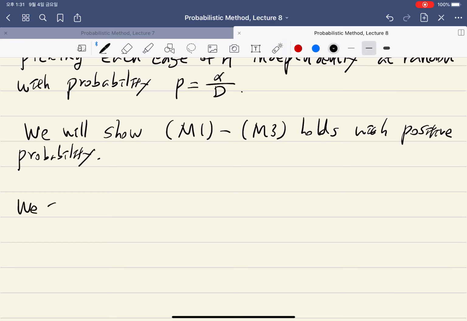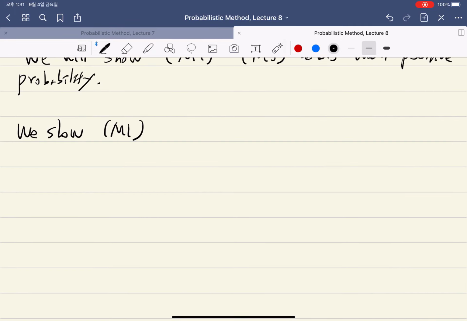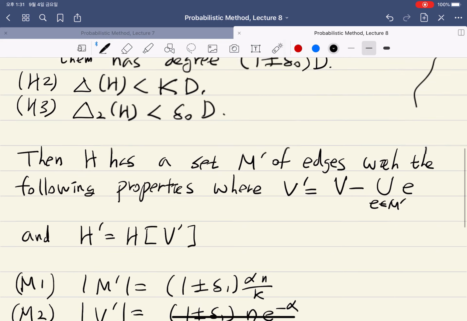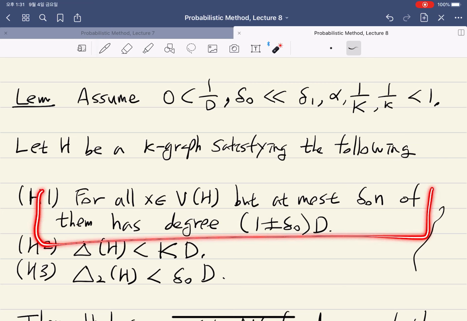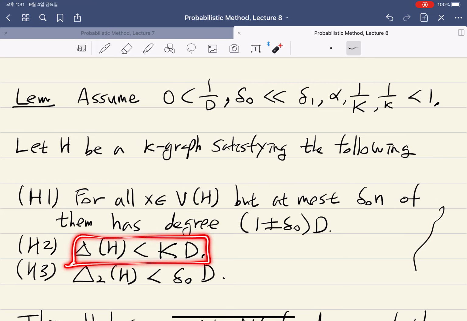So what's the condition that we have? We have H1 and H2: almost all vertices have the same correct degree, and even if some vertices have a wrong degree, that degree is not too high.